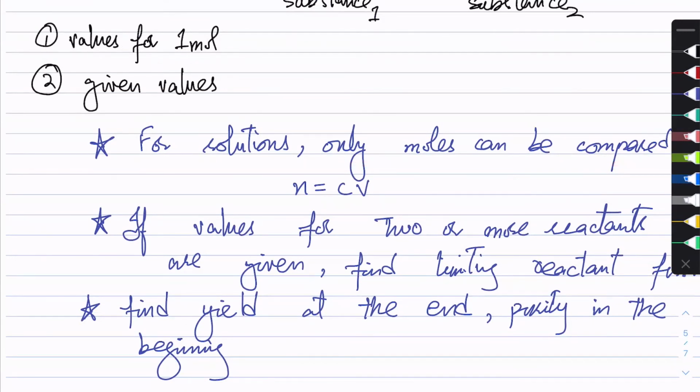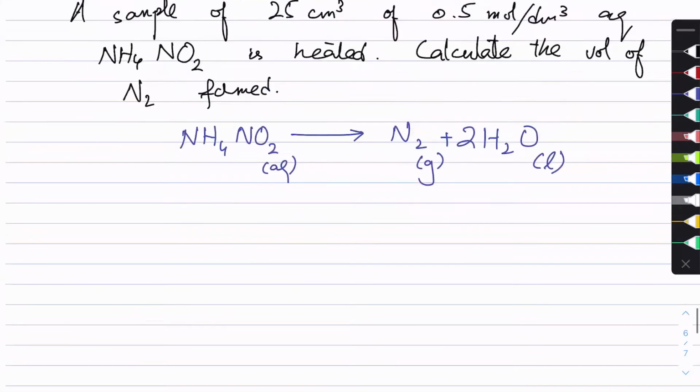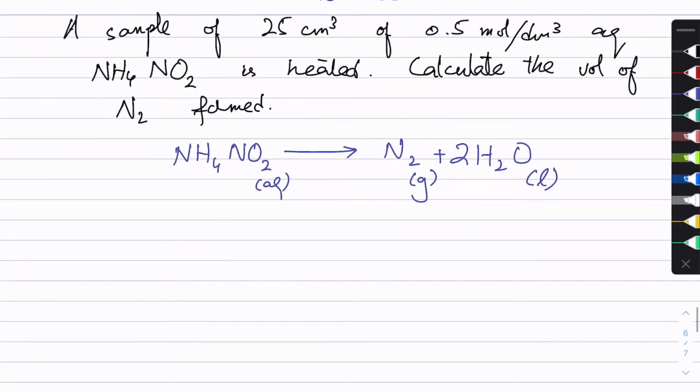Okay. No, Lena, percentage purity and percentage yield is different. Purity, you usually do that at the beginning of the question, yield at the end of the question. Okay, but the way to calculate this is same, because at the heart of it, they're both percentages. Okay, so I'm going to copy this part, NH4NO2, and I'm going to copy this part, N2.